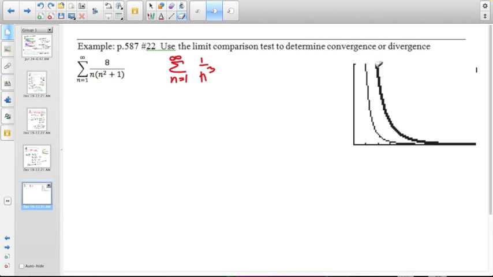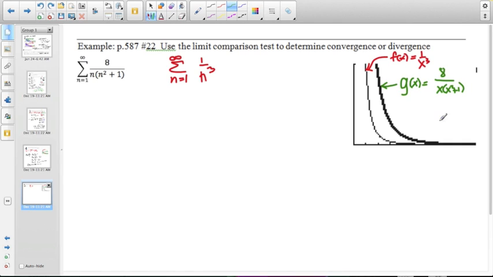So if we look over here, I've got the graphs. This graph here is 1 over n cubed, so we'll call this function f of x, 1 over x cubed. And this function, g of x, represents our series: 8 over x times the quantity x squared plus 1.